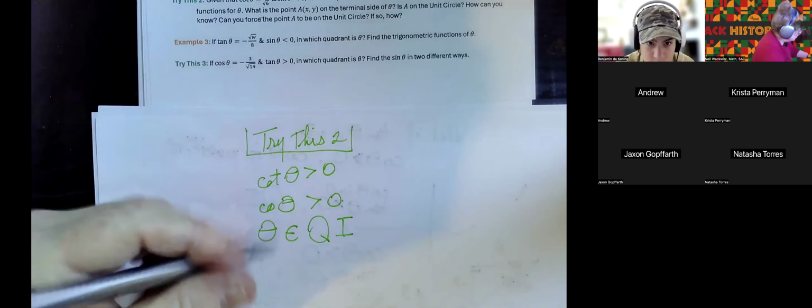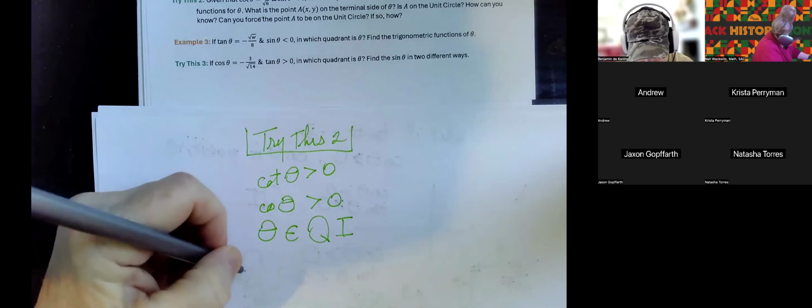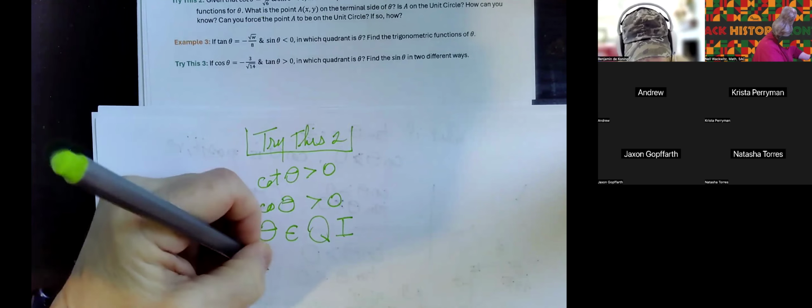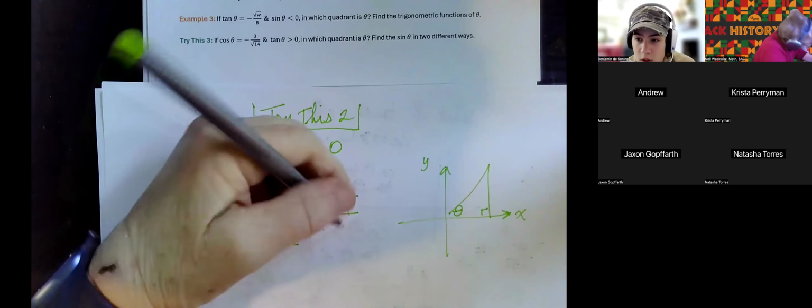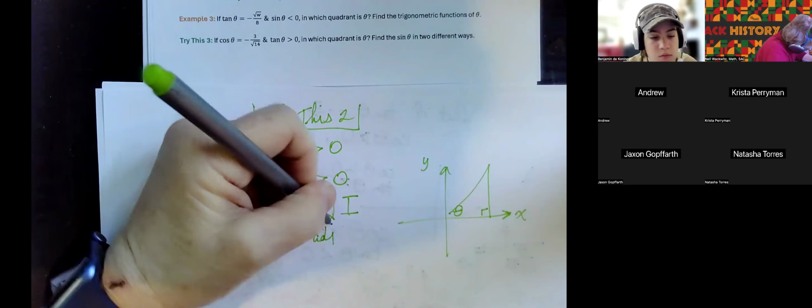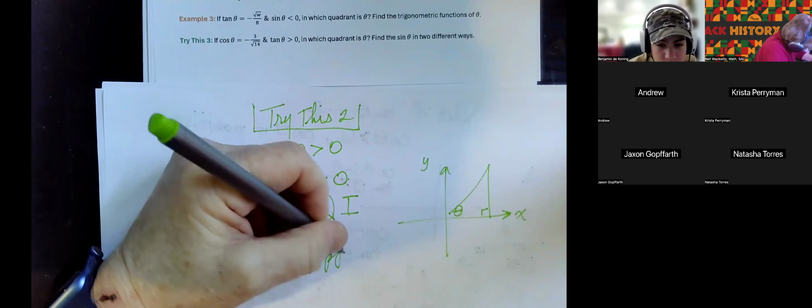And we know that cotangent, let's see, in terms of a right triangle, what is cotangent? Adjacent over opposite. Good.